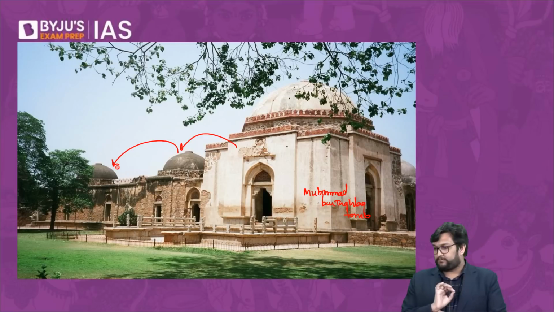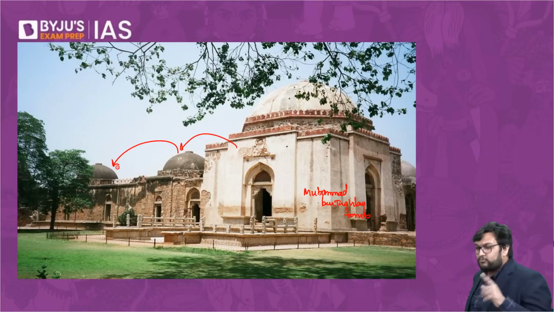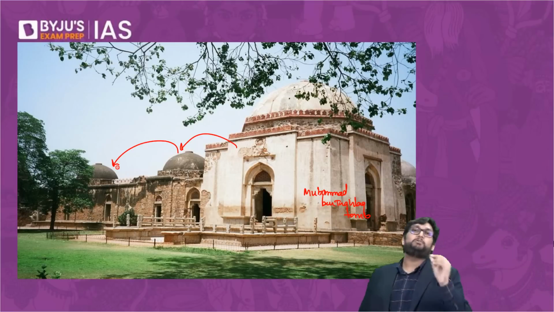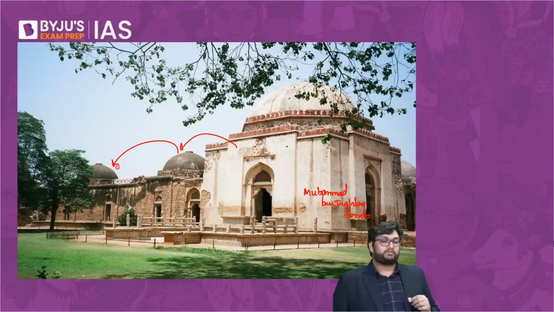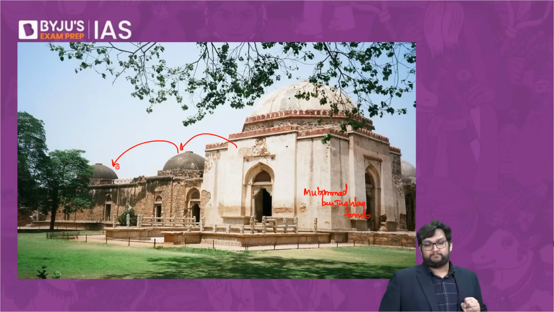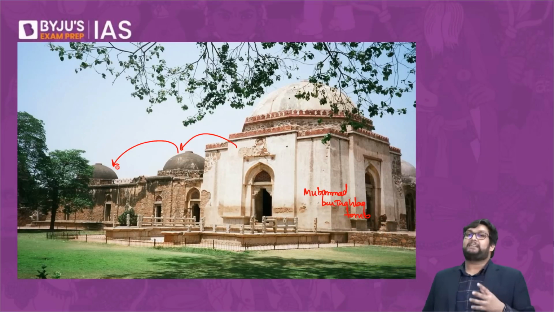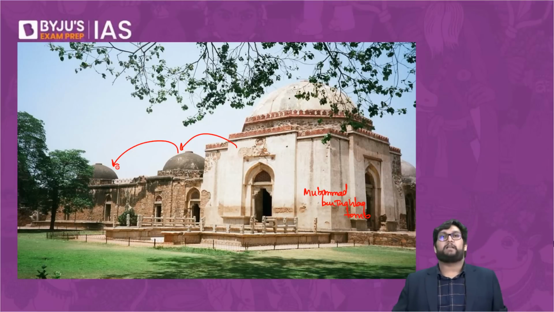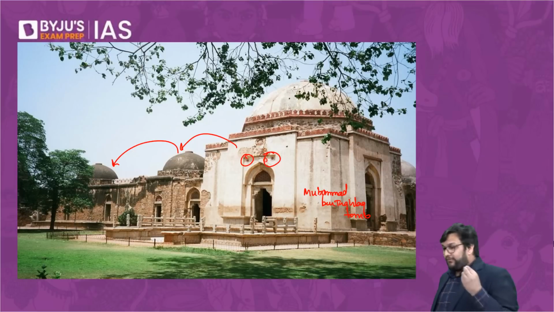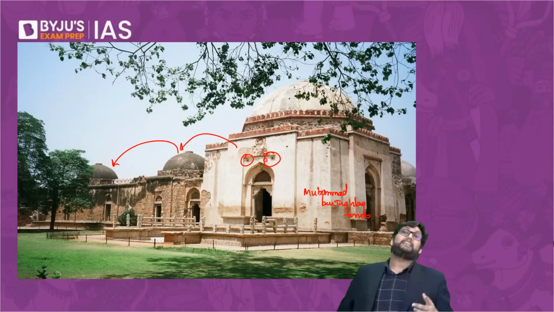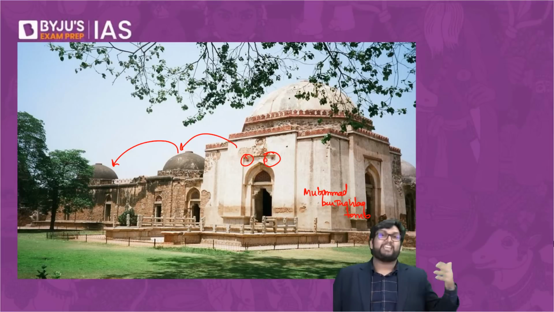But by the time you come to Muhammad bin Tughlaq, they did not have the money to buy red sandstone. And when they don't have the money to buy red sandstone, they use white sandstone and even basic plastering. And on white sandstone, you can't decorate. Still, they add the inverted lotuses, which will become a very common thing. The fact of the matter is, architecture is representative of change.